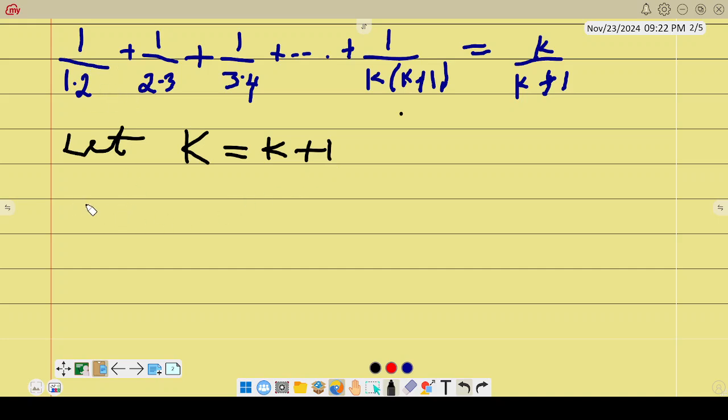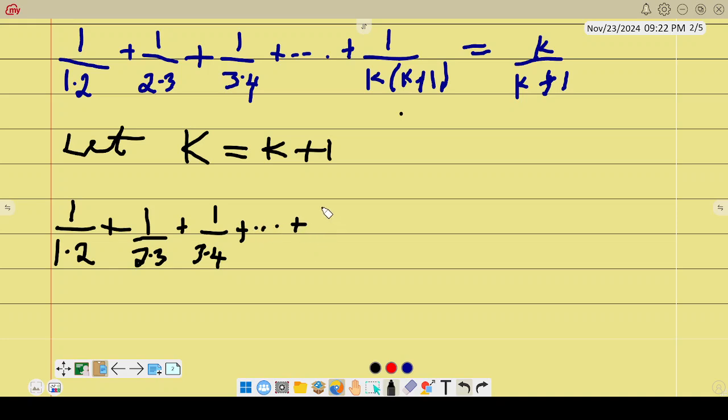So from the original expression which we had, we have 1 times 2, we have 2 times 3, we have 3 times 4, plus going all the way.